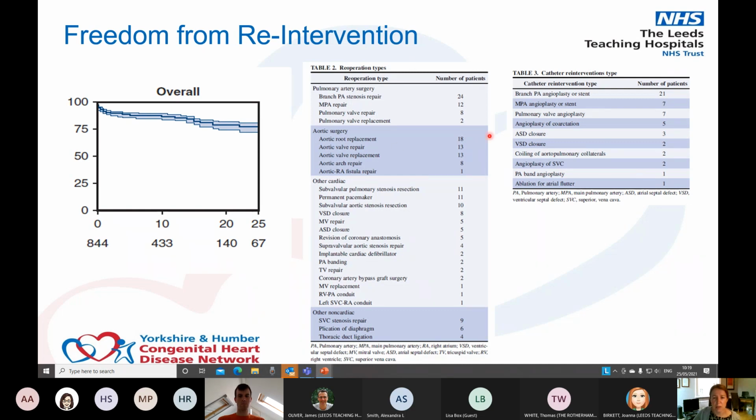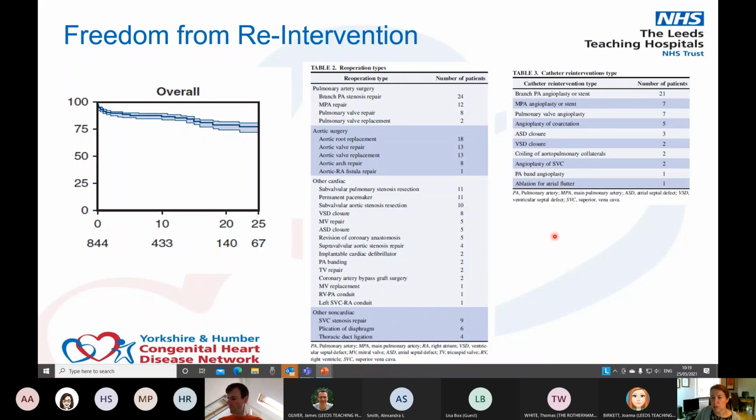And these are the kinds of procedures which are done. So what we've already talked about, issues with the right ventricular outflow tract and pulmonary artery. So branch pulmonary artery stenosis repair, main pulmonary artery repair, pulmonary valve replacement, and then aortic root replacement in 18, valve repair, valve replacement. So these are the main things that are happening, with occasional permanent pacemaker, sub-AS resection, sub-PS resection, and then quite a lot of catheter intervention as well.